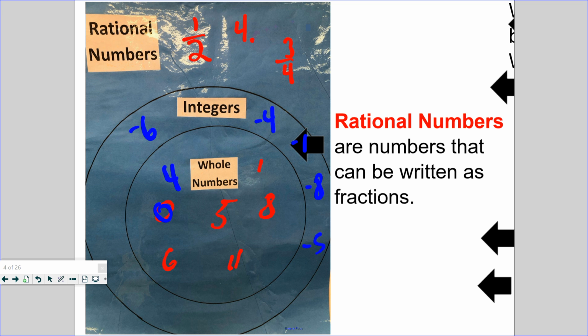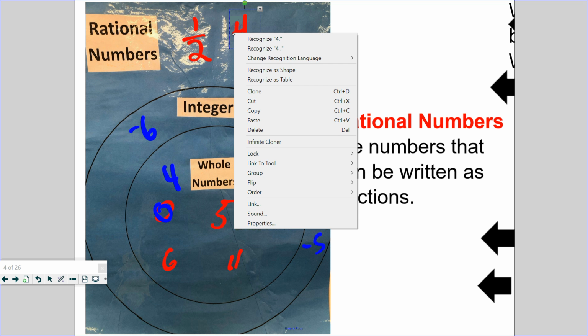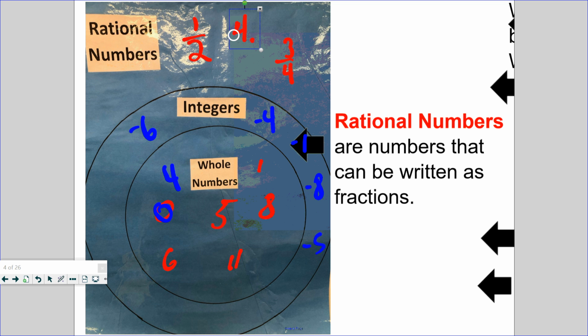What about 5/10? Yeah. So rational numbers are numbers that can be written as fractions.